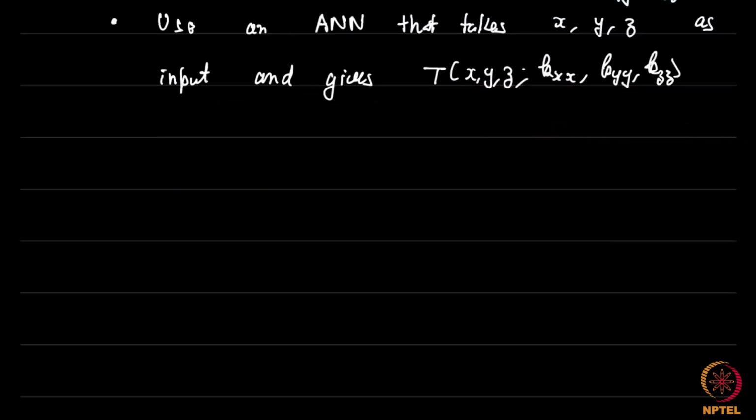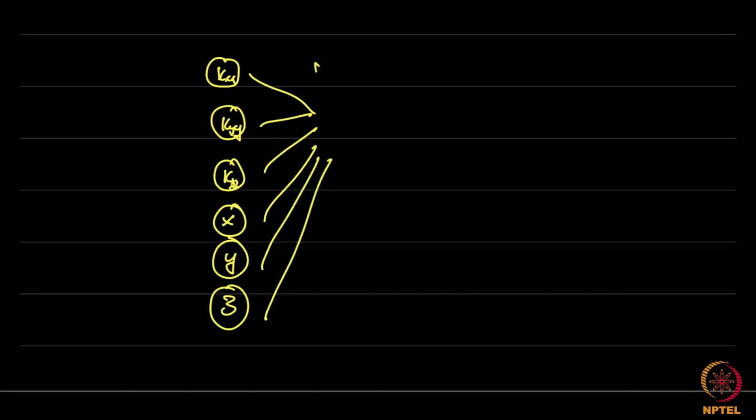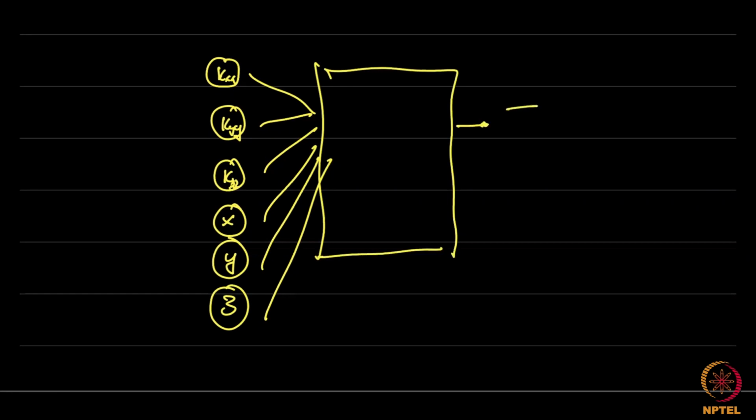So in short, your network is going to look like this: KXX, KYY, KZZ, X, Y, Z as inputs. However many layers you want, it could be one layer, two layers, multiple layers, and it gives out one output, which is the temperature. So how do we train it? We do simple, standard supervised learning.